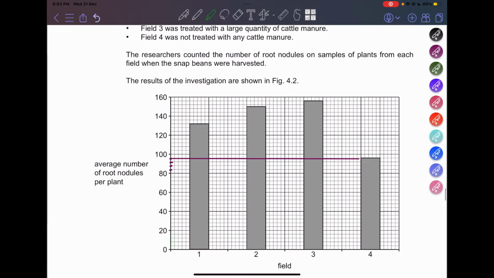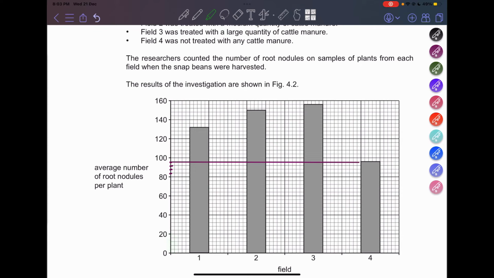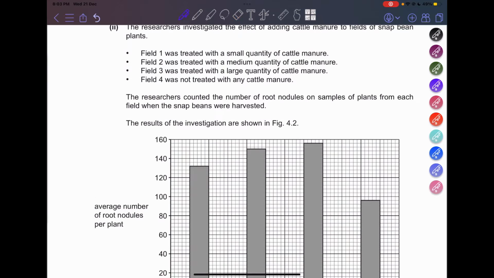Let's have a look at the graph that is shown here. So over here in field 1, they said that it was treated with a small quantity of cattle manure, and field 2 was treated with medium quantity. Field 3 was treated with a large quantity.